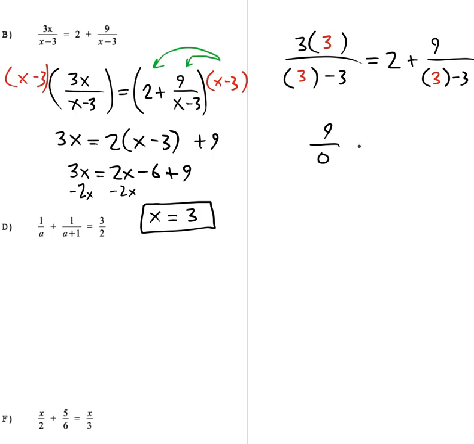We'll have 9 over 0 equals 2 plus 9 over 0. So that does not check. The reason is division by 0 causes each side here to be undefined. So we can't say that that solution is valid.